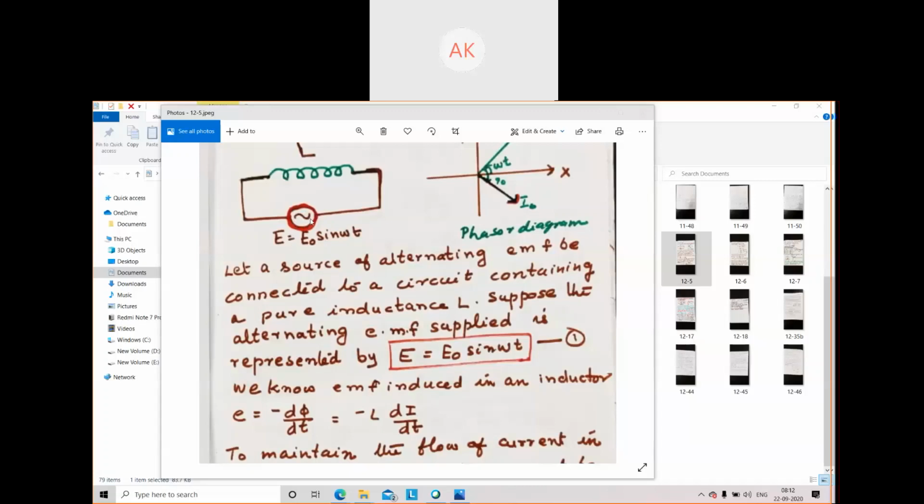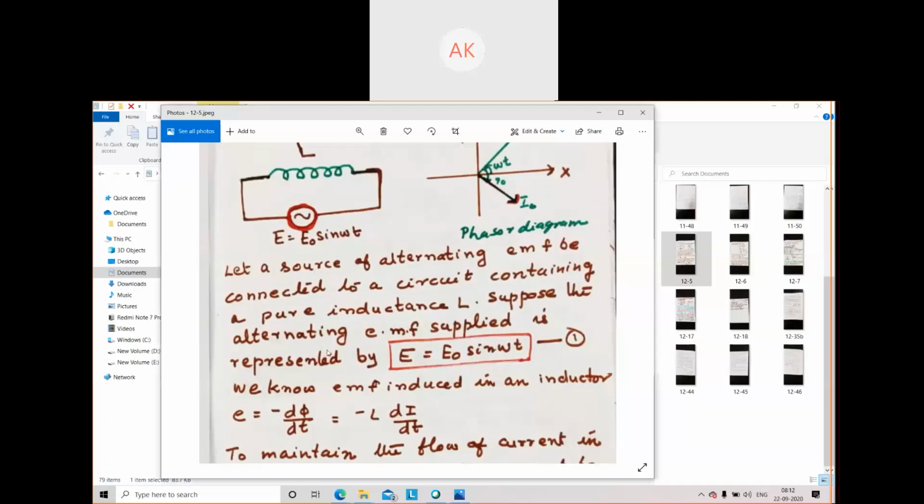After half a rotation, it reverses the direction. First half cycle positive, next half cycle negative. This is a symbol of AC. So if a varying current is applied across an inductor, the flux linked with the coil changes, EMF will be induced, and that EMF will oppose the applied EMF. That's why it is called back EMF.